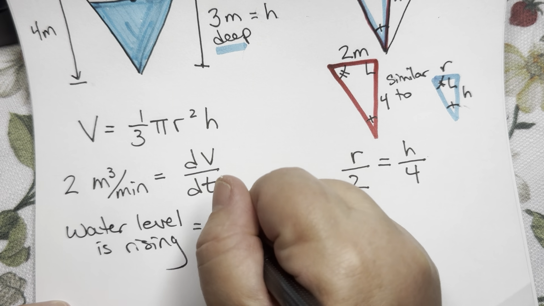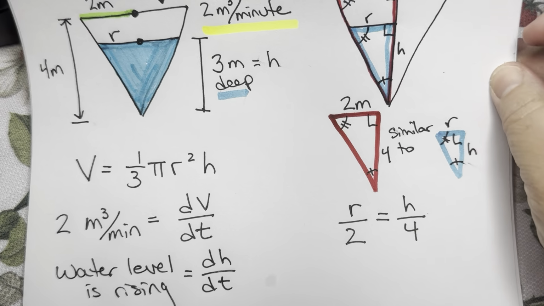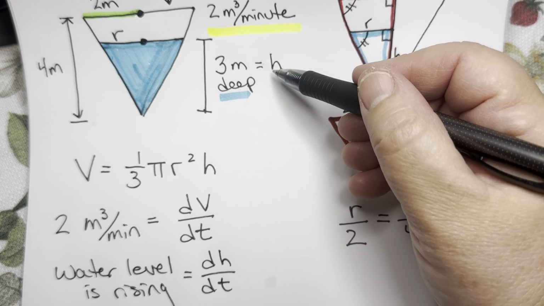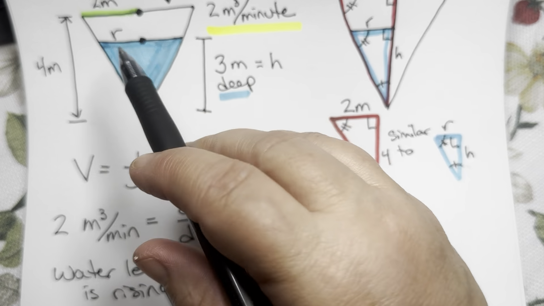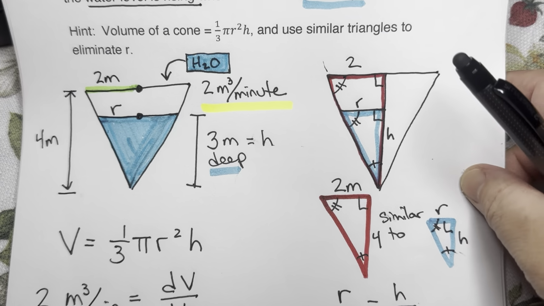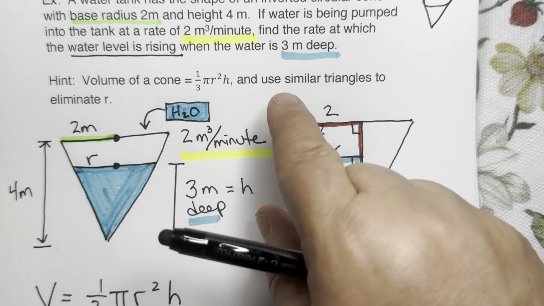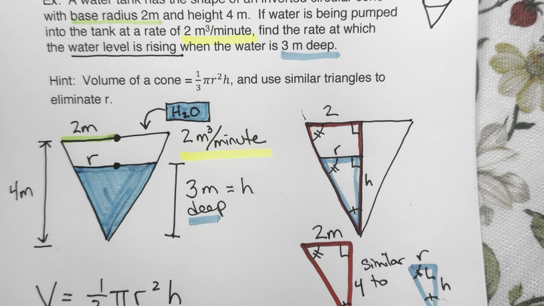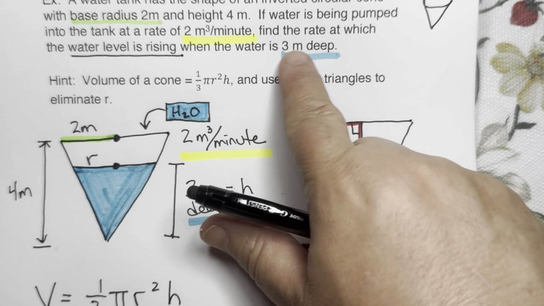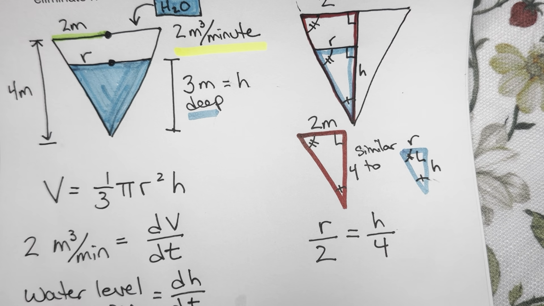That asks me to know what dH dt is. Let me rephrase. I know what h is at the time when I'm interested in looking at this problem. It tells me when the water is 3 meters deep, so I know the height. And I'm interested in dH dt.